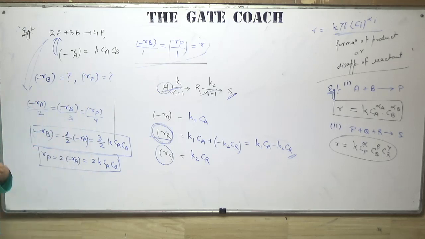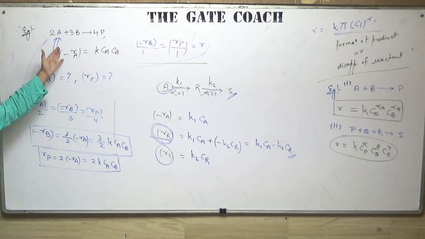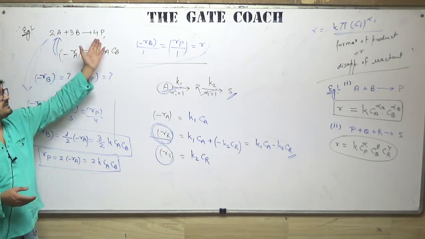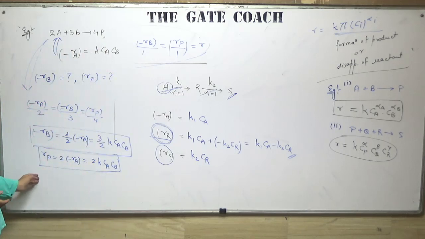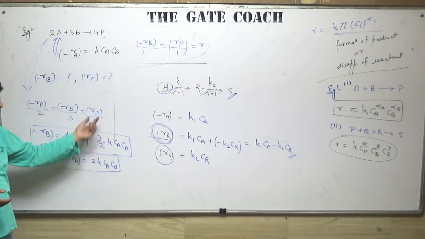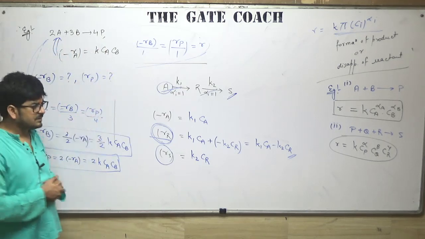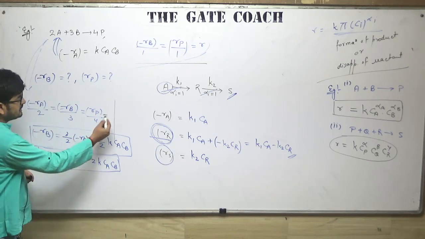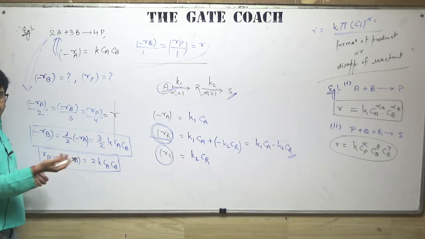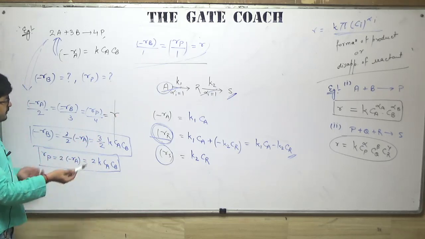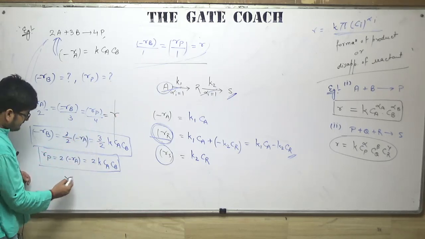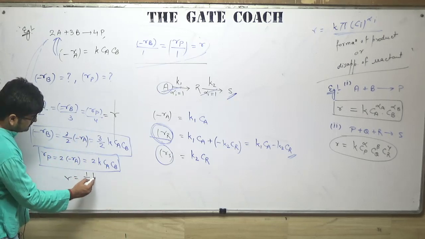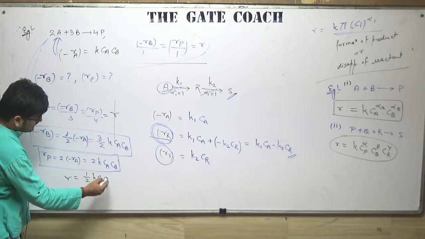Okay. So that's how we define the rate of reaction for any chemical reaction in terms of various components with the help of relative rates of reaction. And this entire part is equal to what? This is equal to r. So if you want to write r, you know what to do. r will be equal to 1 by 2 times of K Ca Cb.